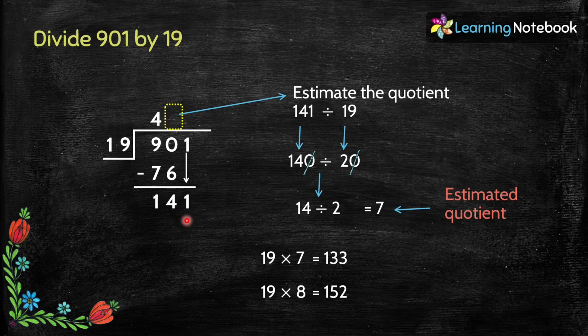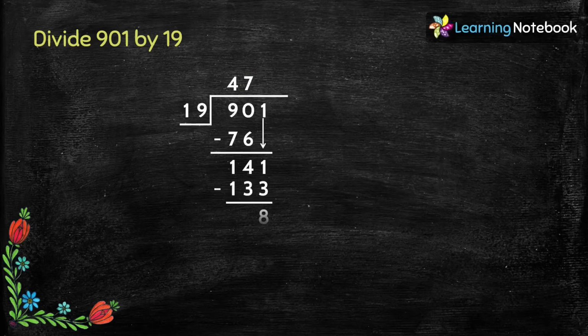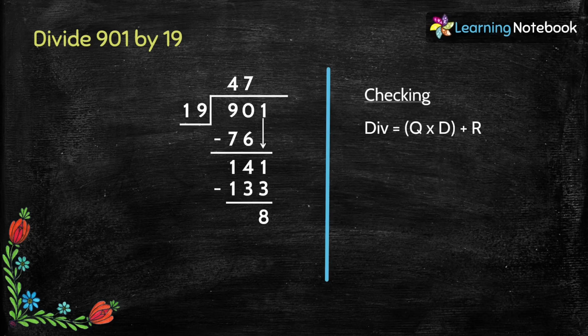So it means our actual quotient is 7. So 19 multiplied by 7 equals to 133, and 141 minus 133 equals to 8. So students, our answer is quotient equals to 47 and remainder equals to 8.